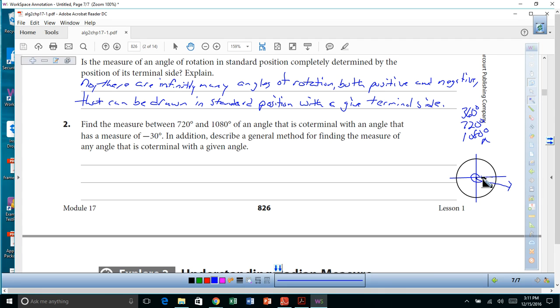That's 360. That's 720. And then we stop right here. Remember, if we stopped there, that would have been 1080. So we can take 1080 degrees, subtract 30 degrees from it, and that's going to give us 1050 degrees. So that's 1050 degrees. Not too hard at all.